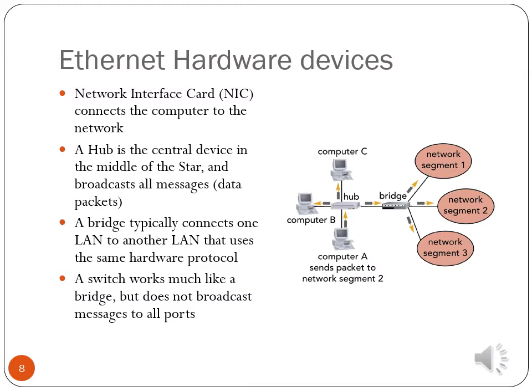The first thing I do want to mention is what's called the NIC, the Network Interface Card. This is the circuitry that's in the computer that connects to the Ethernet network. It's called a network interface card, even though on most computers today the circuitry is built into the motherboard. But when networking was new, computers didn't come with built-in motherboard circuitry.